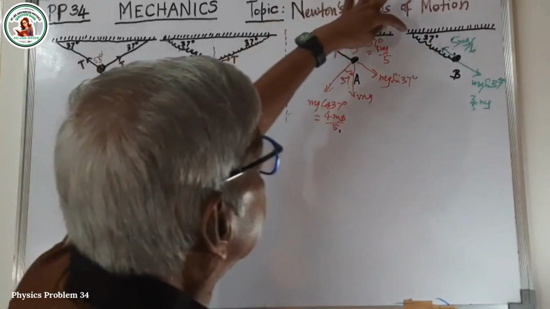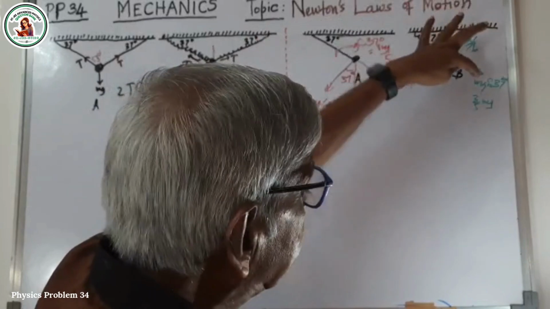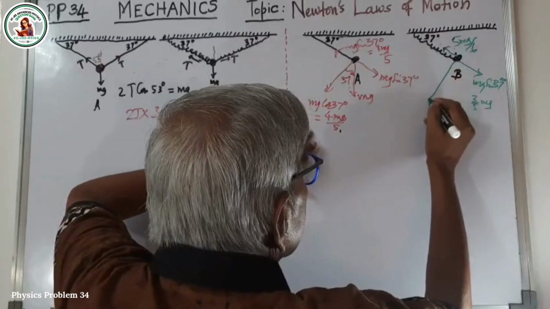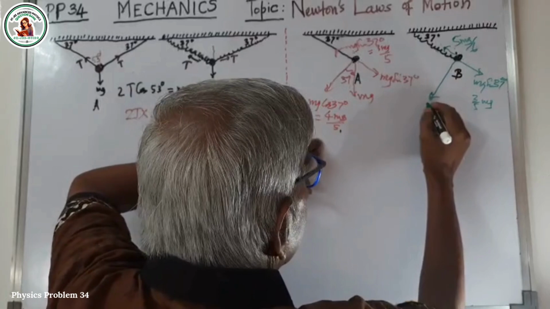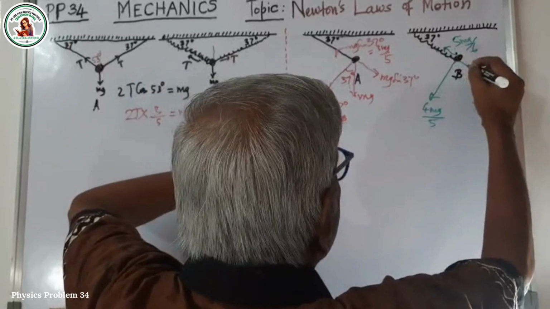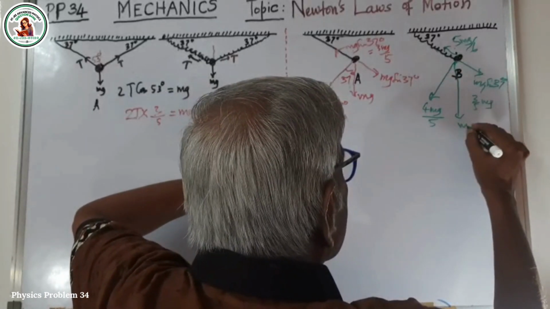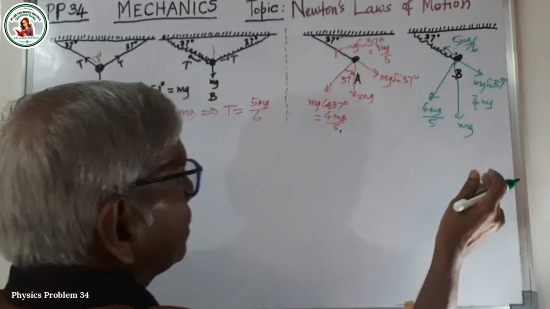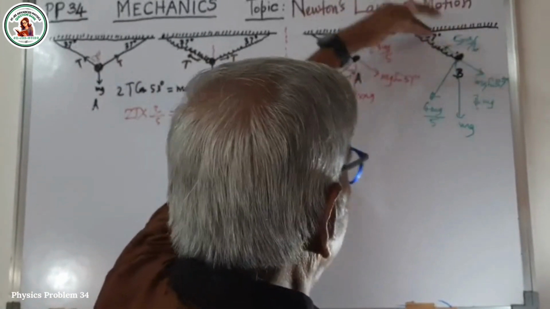Parallel to the spring, this mass will have some acceleration, and normal to the spring, the same as for A, the component is 4mg by 5, the weight component in this direction. So now we have to calculate two accelerations for this one.